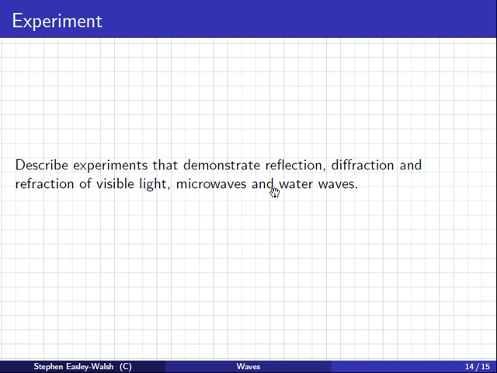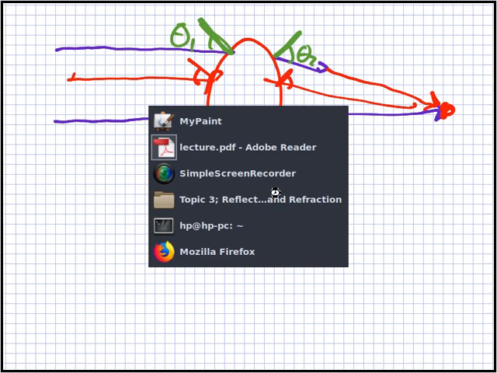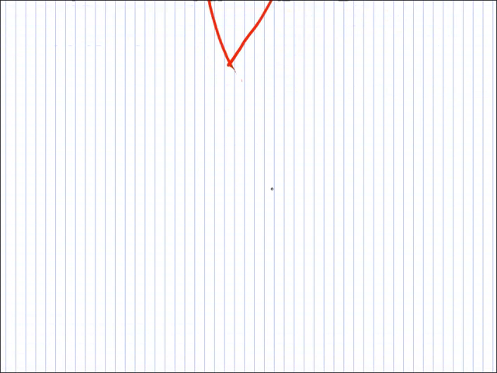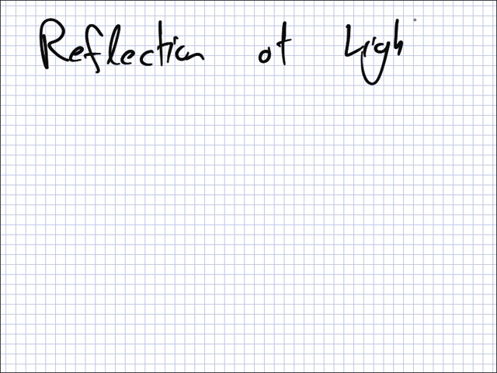So the first one, how could we have an experiment to show that light reflects? So we'll do the first one, a reflection experiment. Reflection of light. How could we demonstrate this?